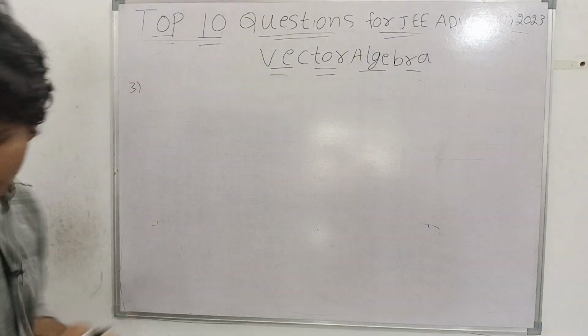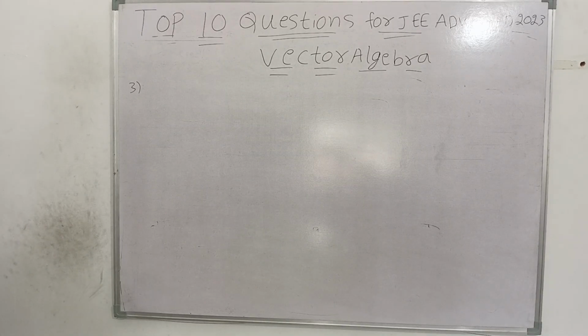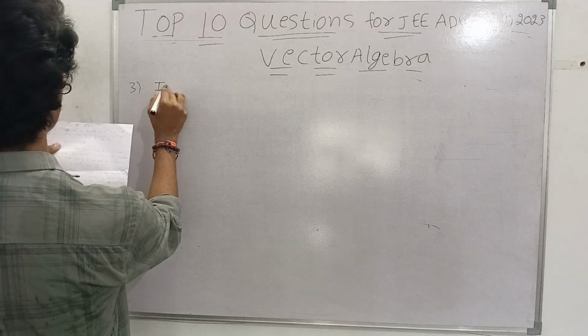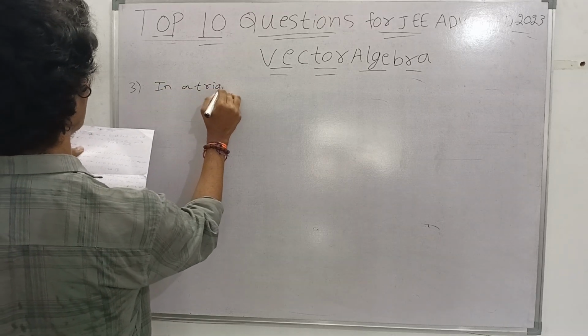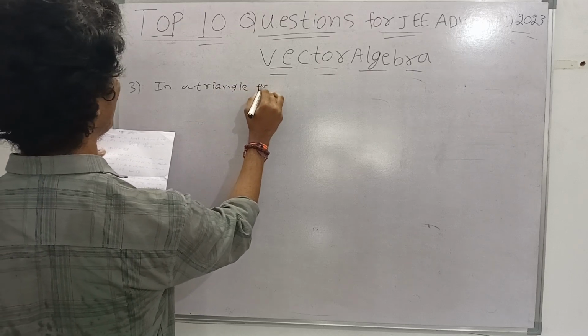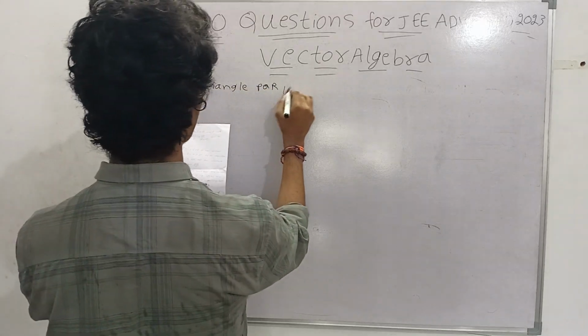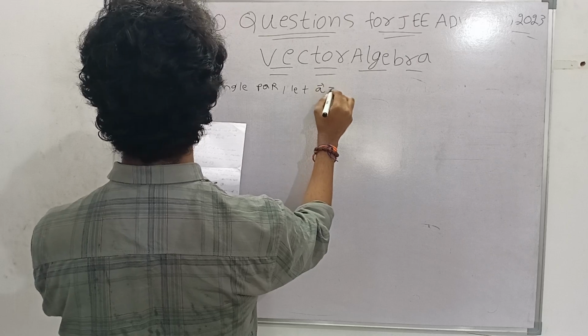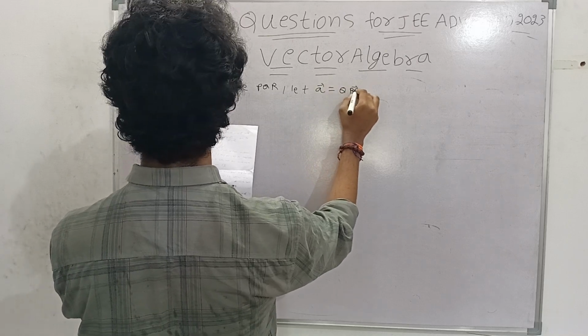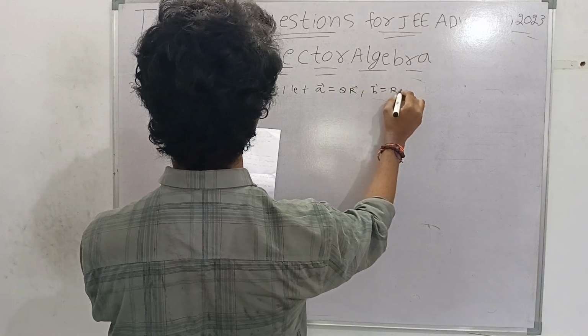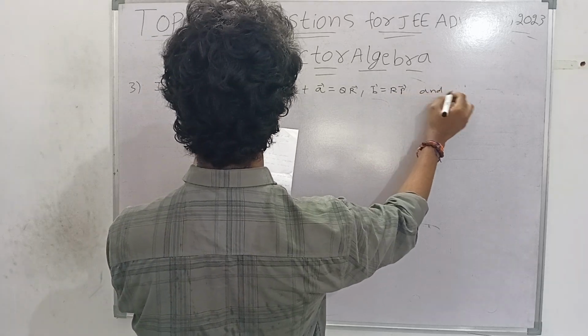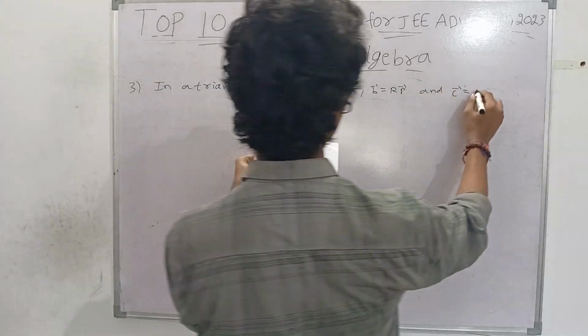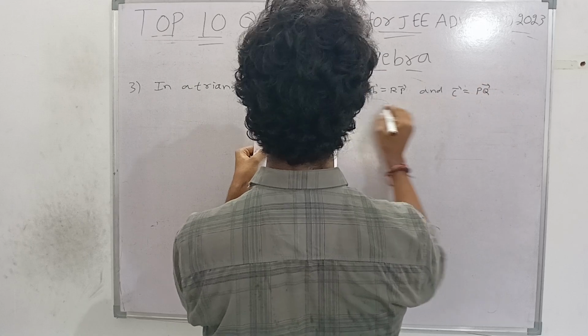Now third question, important question. In a triangle PQR, let A vector equal to Q times R vector, B vector equal to R times P vector, and C vector equal to P times Q vector.